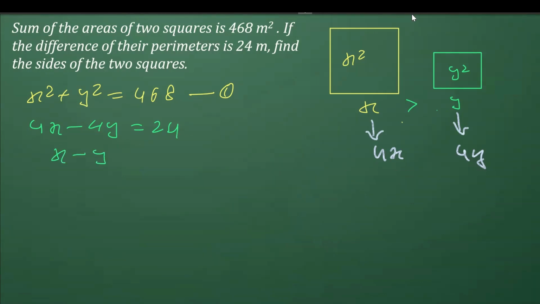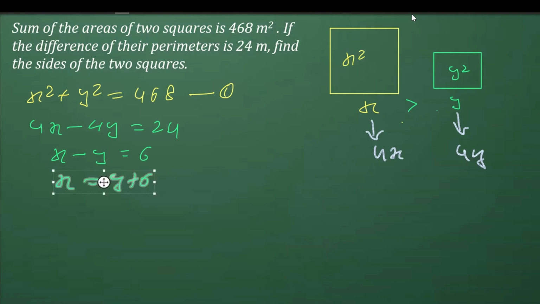So taking 4 common and dividing 24 by 4, we get 6. We can see that we need a substitution here. That's why I'm writing x in terms of y. So x can be written as y plus 6. Now check from here.